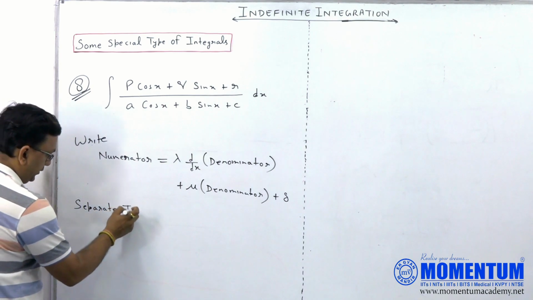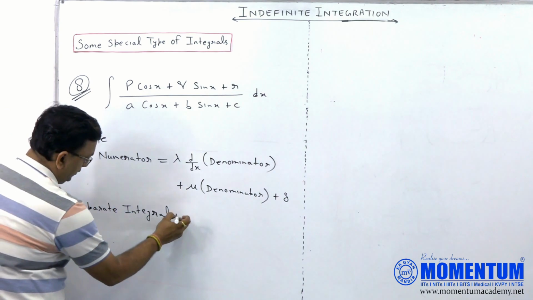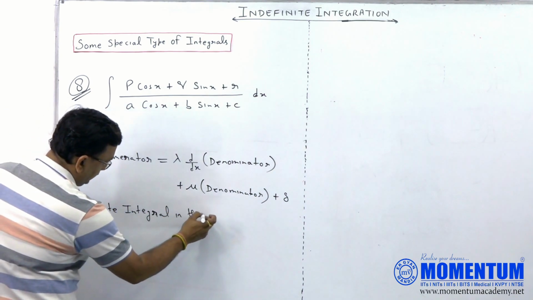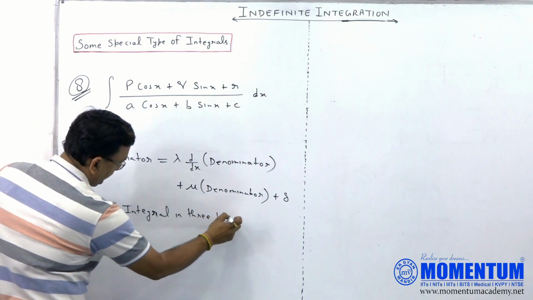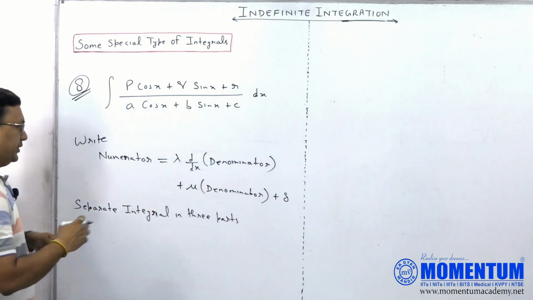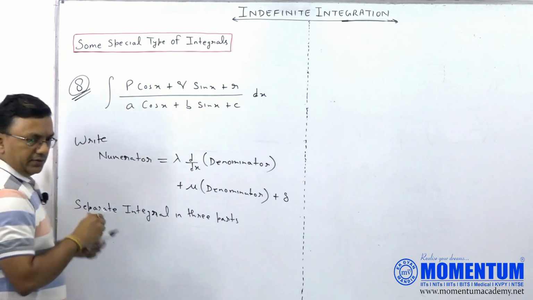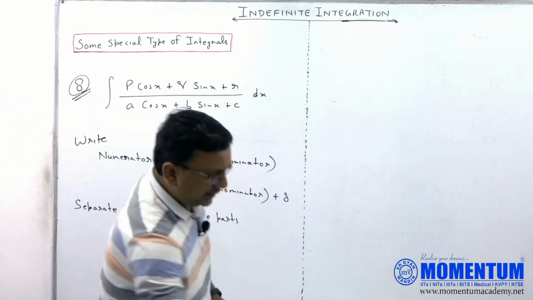Then separate the integral in 3 parts. Meaning of separating in 3 parts: one part with delta, one part with mu, and one part with lambda.